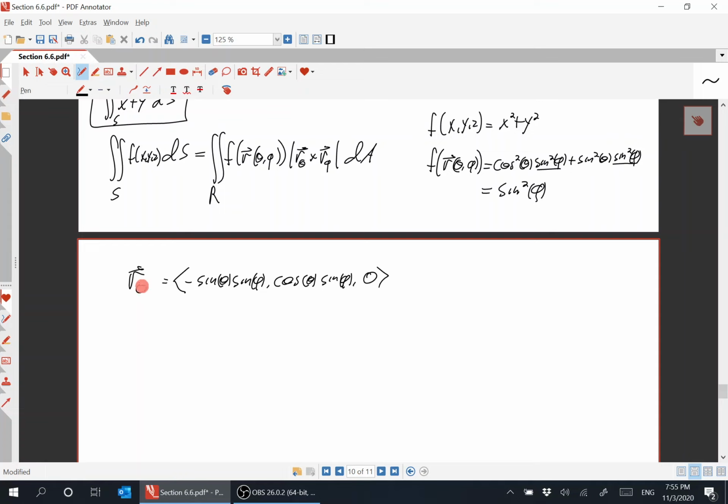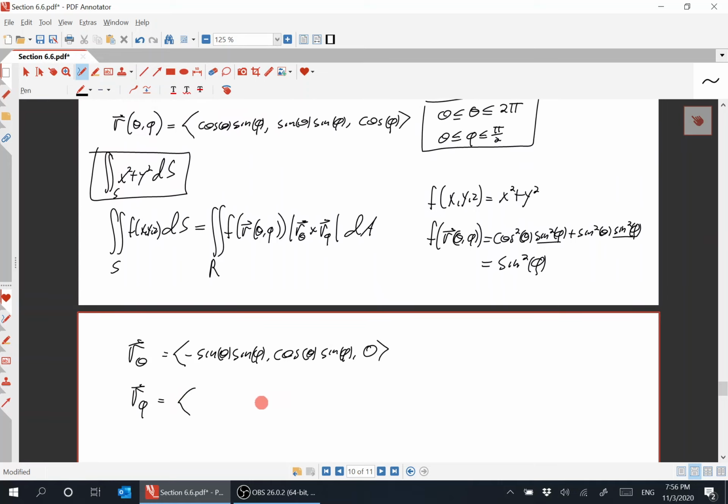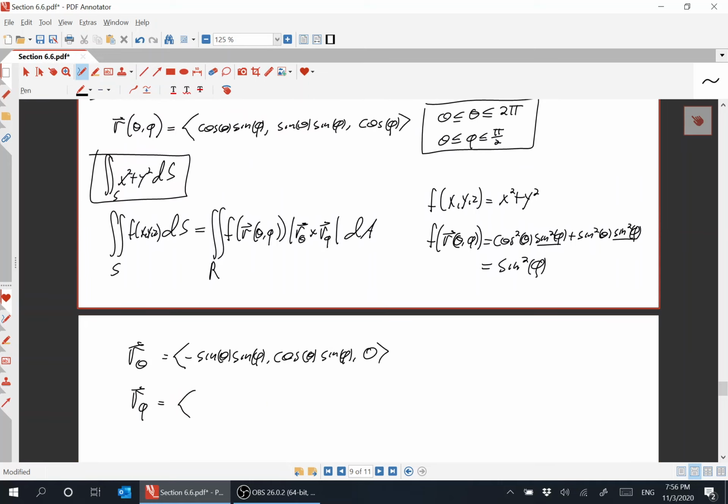The partial derivative of r with respect to phi is cosine theta cosine phi, sine theta cosine phi, minus sine phi.